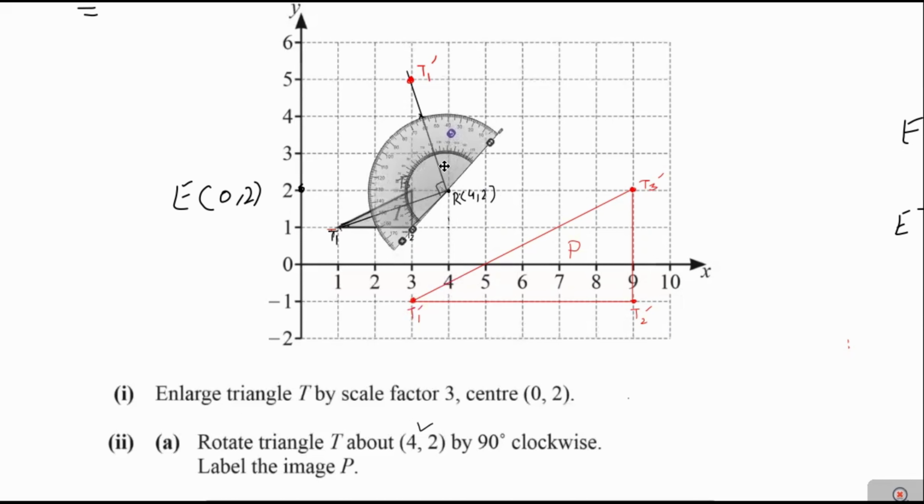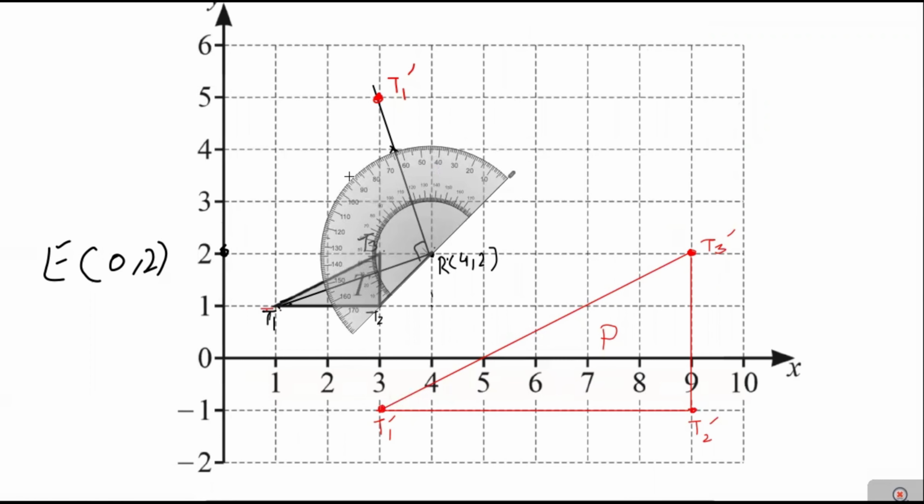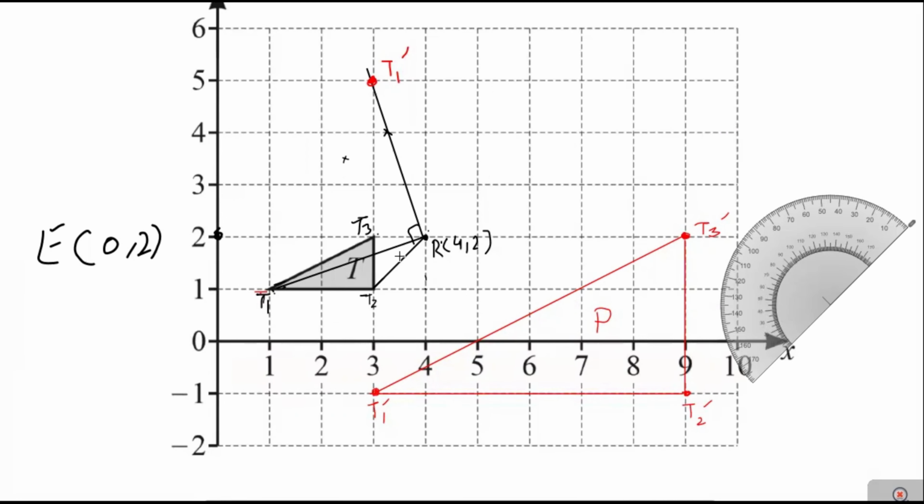When I use this protractor, you can see here the 90° point, and this is the point 90°. After marking this point, now we join R to that point. Now you see here, we will take the distance of T2 dash as the same as T2R. You see here, T2R is 1 unit diagonally. We take 1 unit diagonally. This point will be T2 dash.